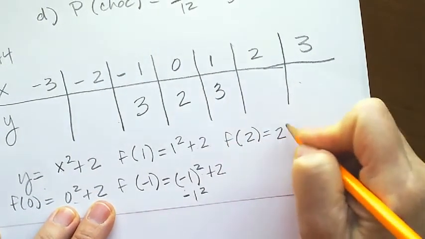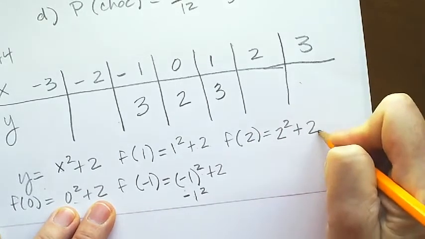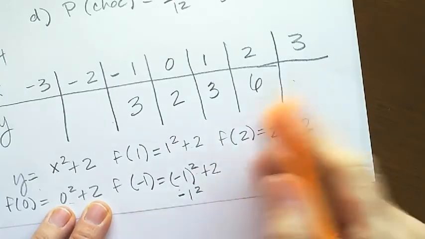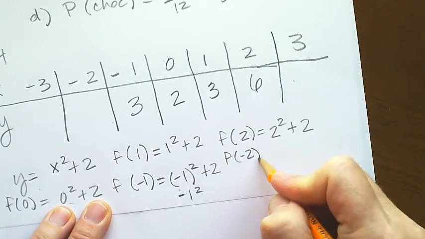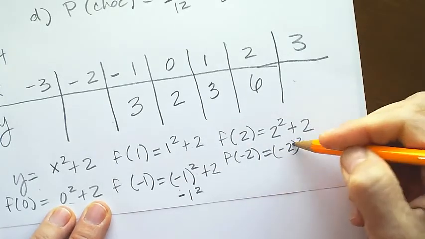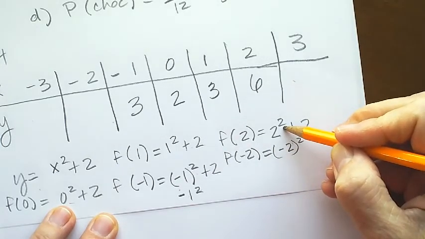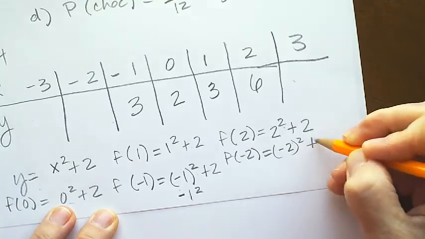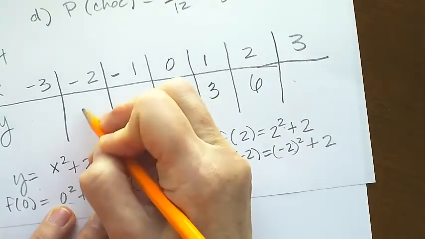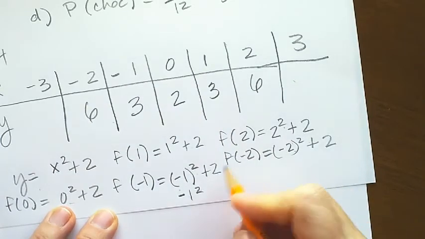F of 2 is 2 squared plus 2. So that's going to be 4 plus 2, which is 6. Guess what? F of -2 is also going to be the same, because if I take -2 and square it, I get the same thing as when I take +2 and square it. So that's still +4 plus 2, which is 6.